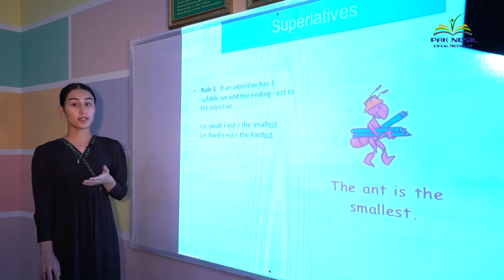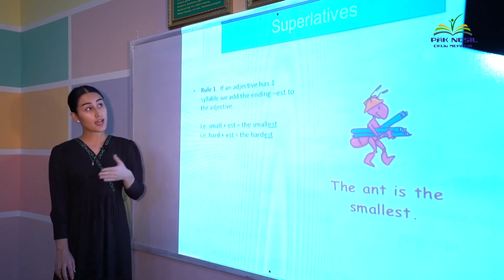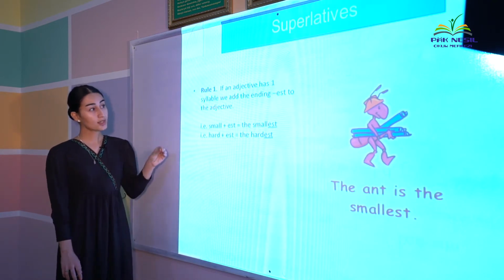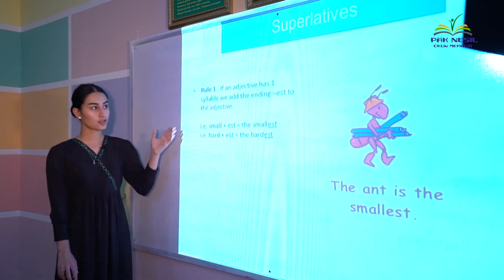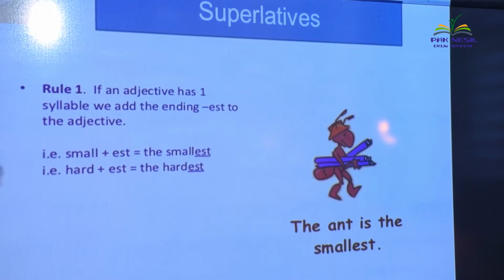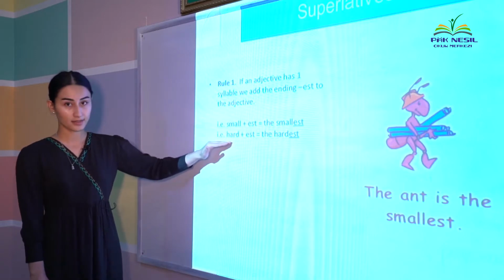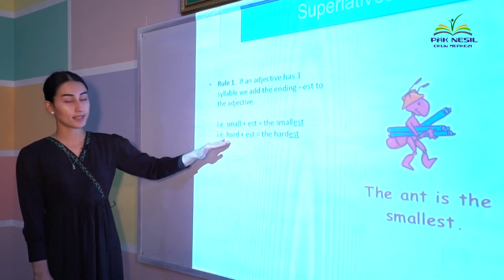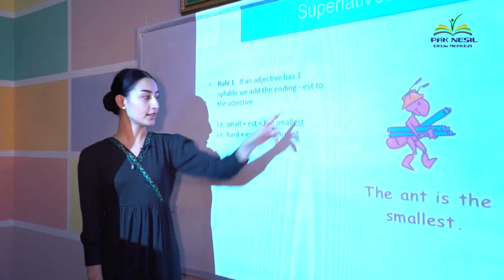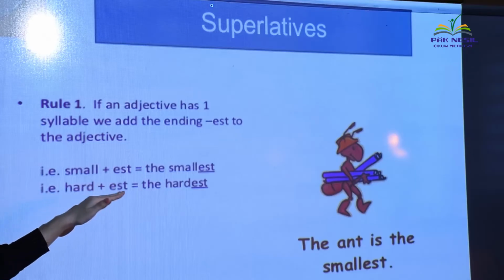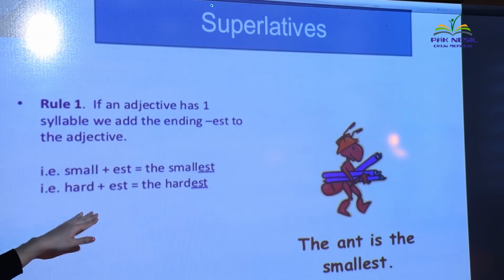So what is superlative adjective? As we mentioned, in superlative adjective, if we have a one syllable adjective, we have to add est after the adjective. For example, we have small and hard, and if we want to make it superlative adjective, we have to use est. For example, small, the smallest, and hard, the hardest.